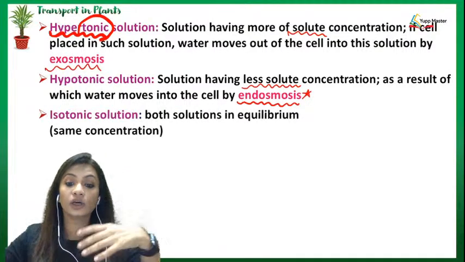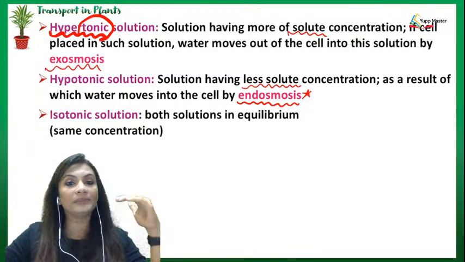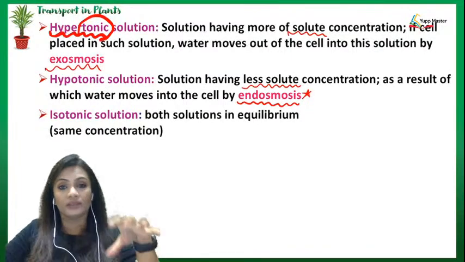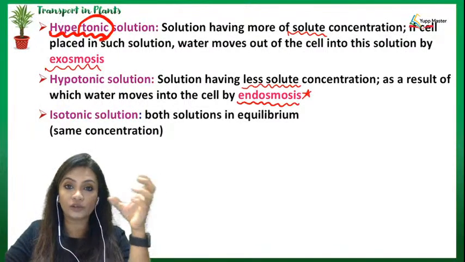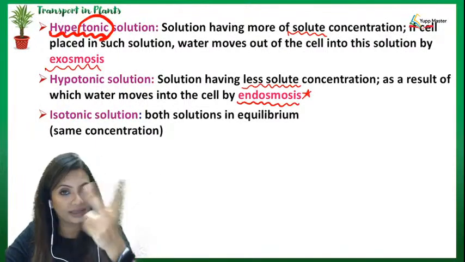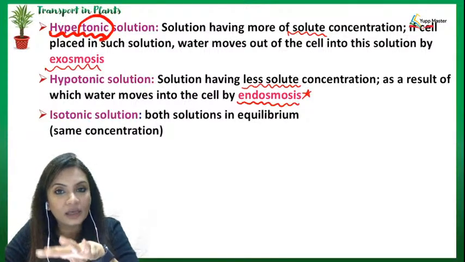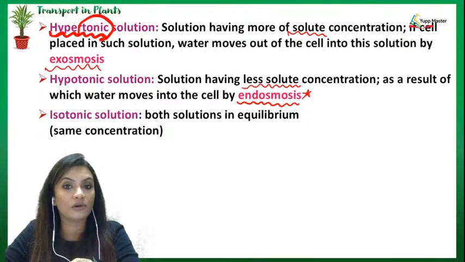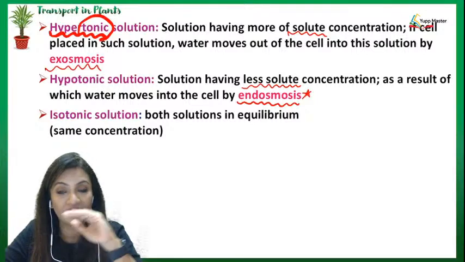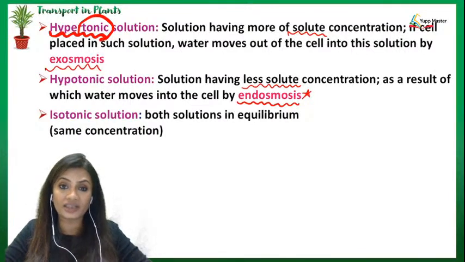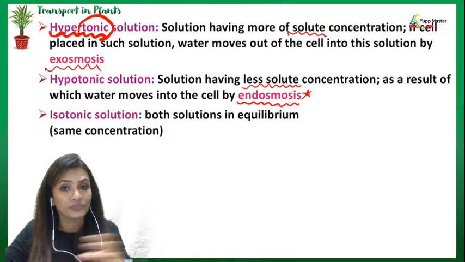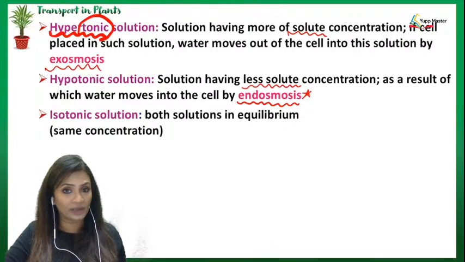Then our third type of solution is one where the amount of solutes in the surrounding solution and the amount of solute inside the cell are exactly the same. Remember I told you that osmosis always depends on concentration. So if the concentration is the same in both areas, there will be no movement of water at all.